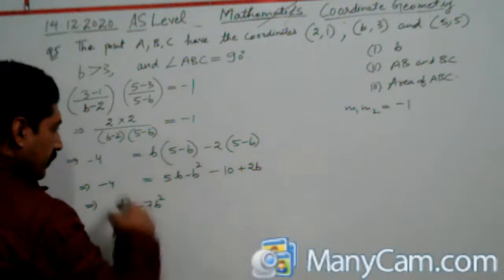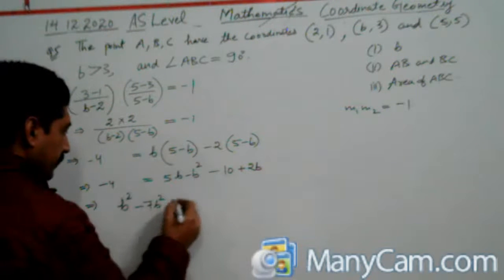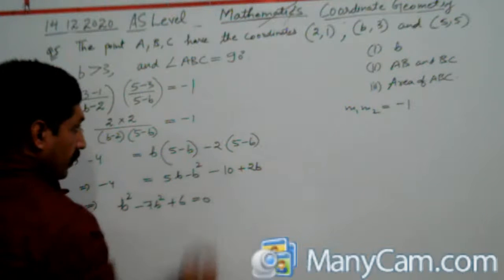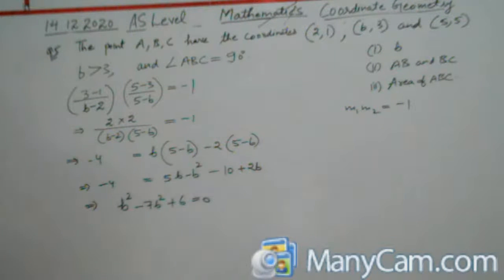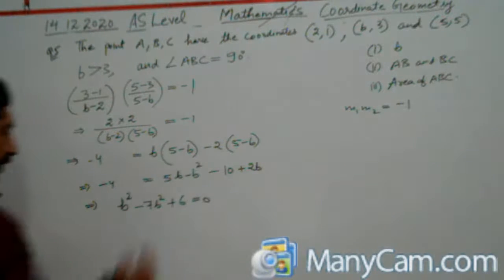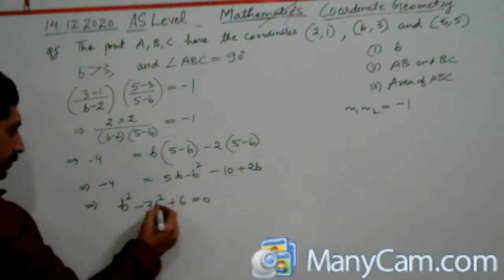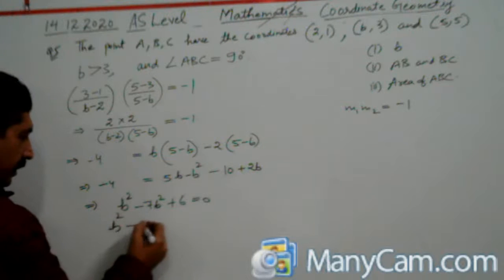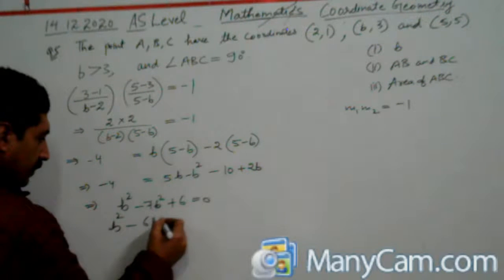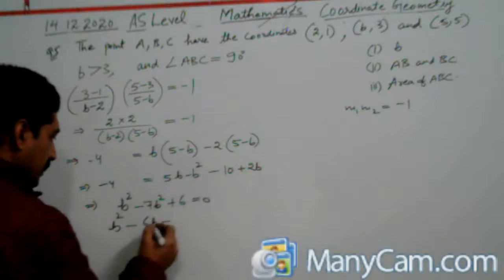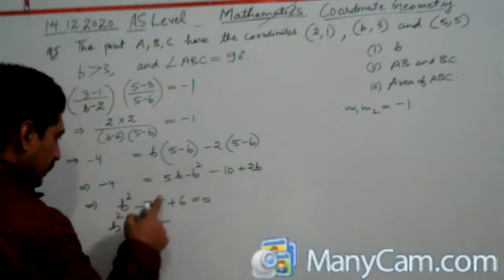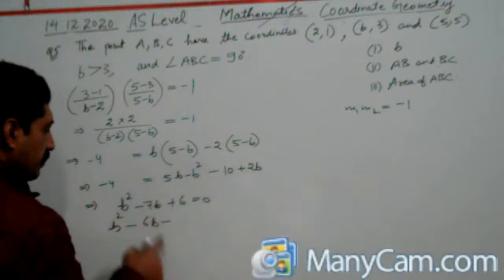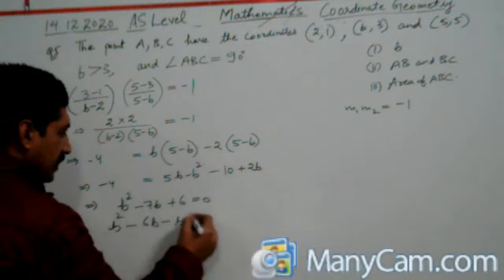And it will be plus 6. Now we have to factorize it. When we factorize, sorry, it is not a square here, it is b square minus 7b plus 6.